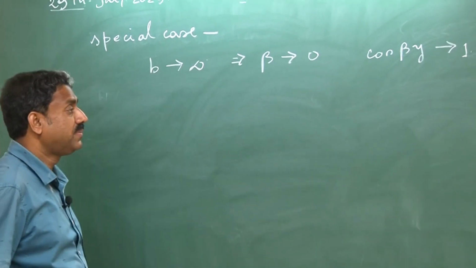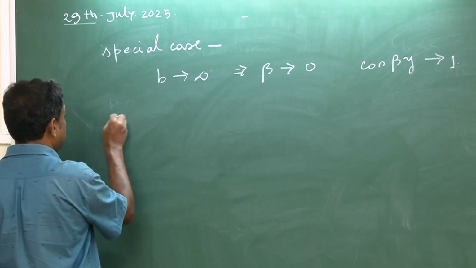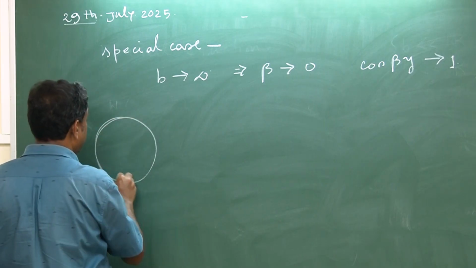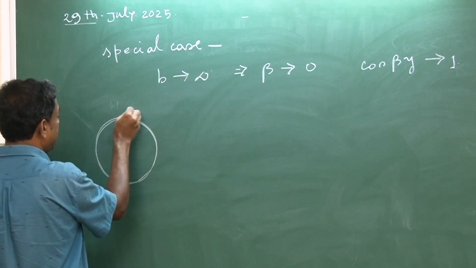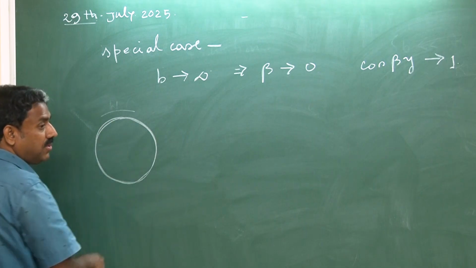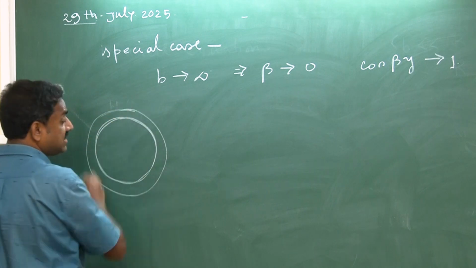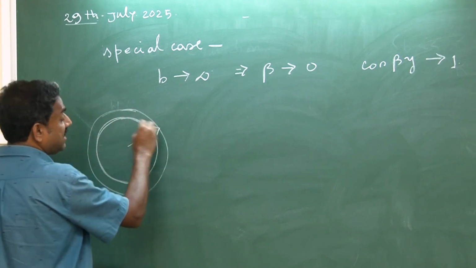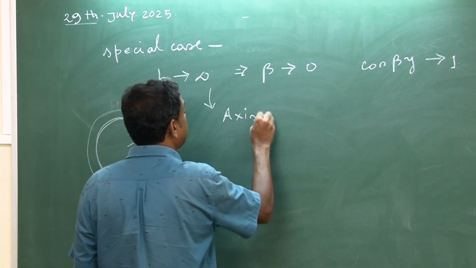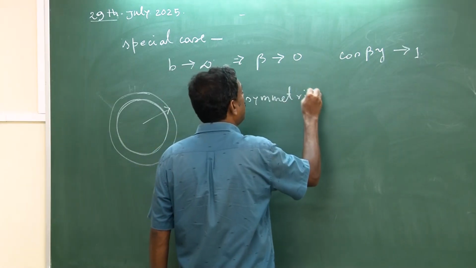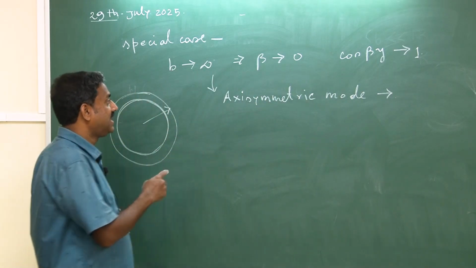When B tends to infinity, that means the half wavelength is very, very large along the circumferential direction, and B is the wave number along the circumferential direction. So there will be only one wave here. That represents nothing but the axisymmetric mode, which we derived earlier. Let us see whether it is mimicking that.